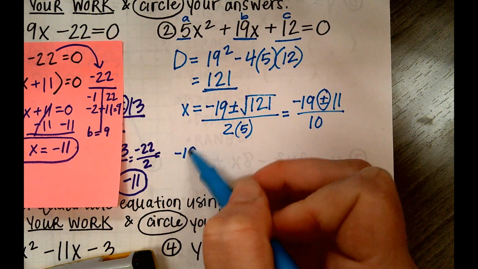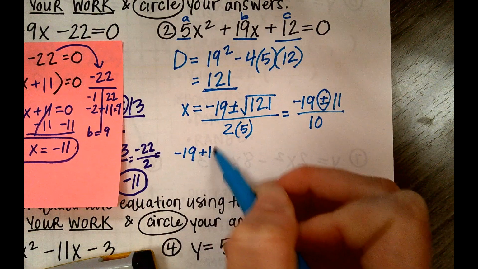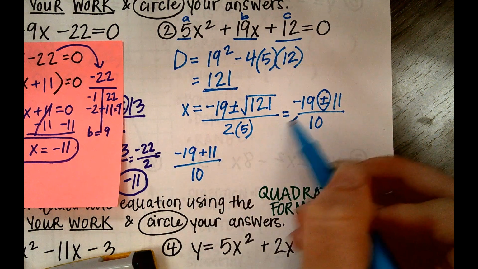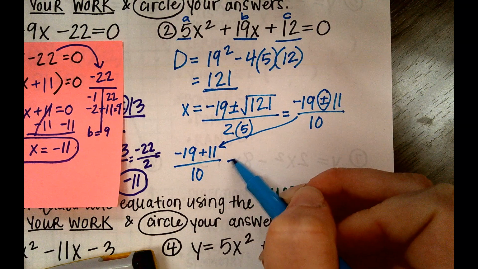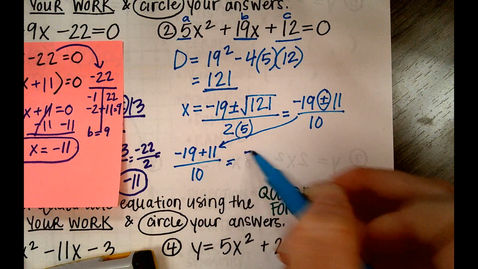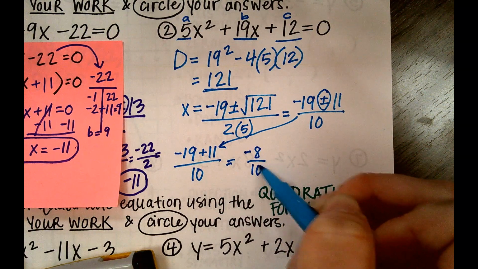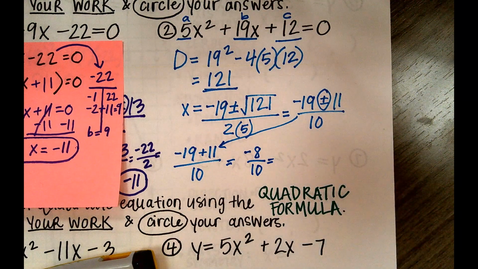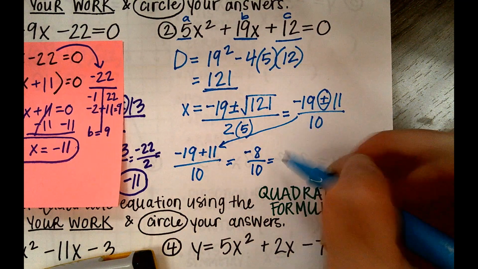Negative 19 plus 11 over 10. You did negative 8 over 10, and your answer is equal to negative 0.8. Oh, okay, hang on. Negative 19 plus 11. Yeah, that's right.